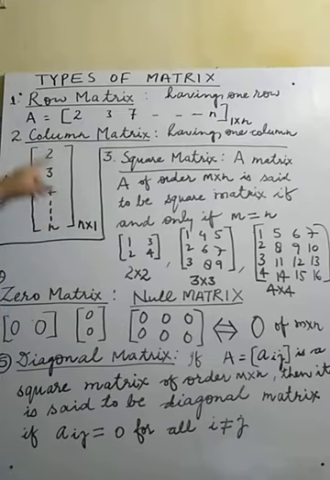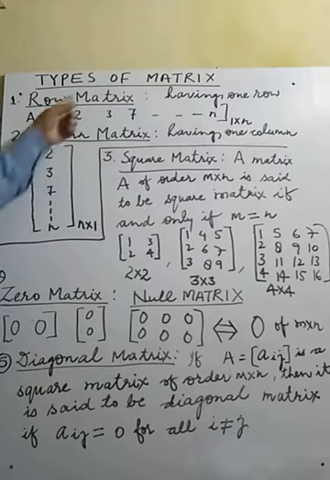Since it contains only one column, what is the name of this matrix? Column matrix. So what is the difference between row matrix and column matrix? Row matrix contains only one row, whereas column matrix contains n rows. In the same way, row matrix contains n columns, but column matrix contains only one column.